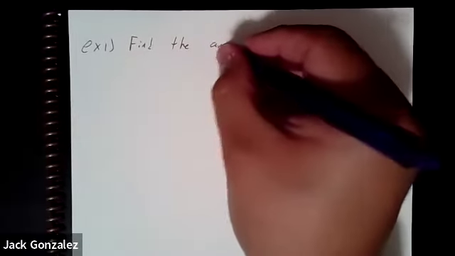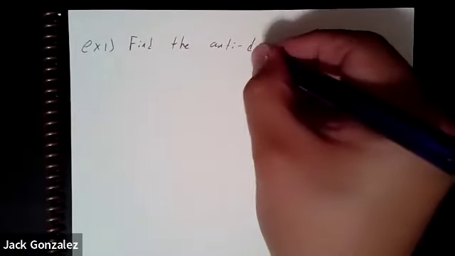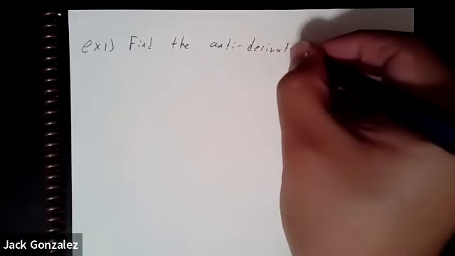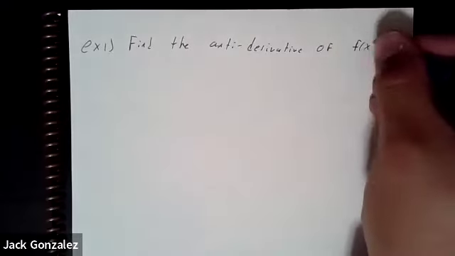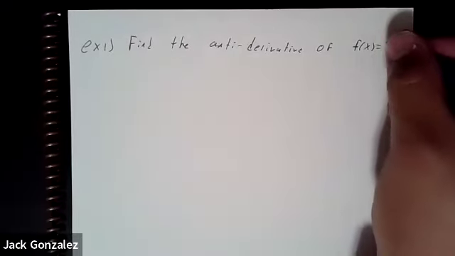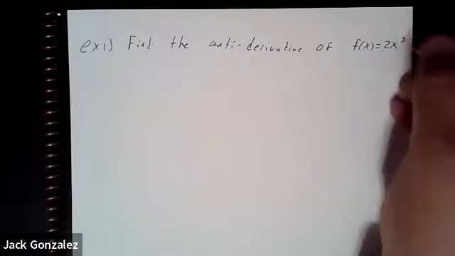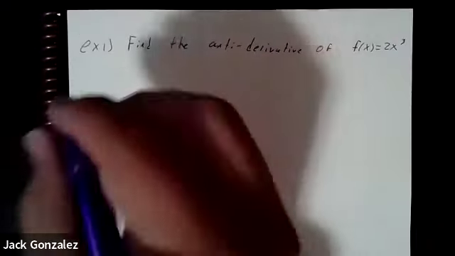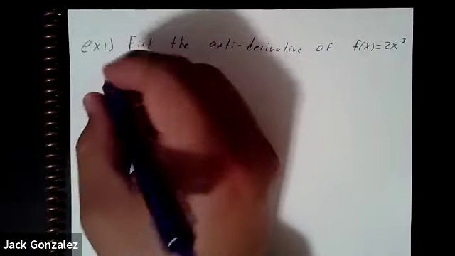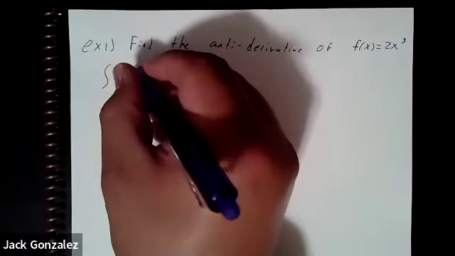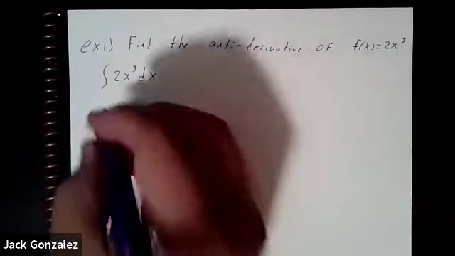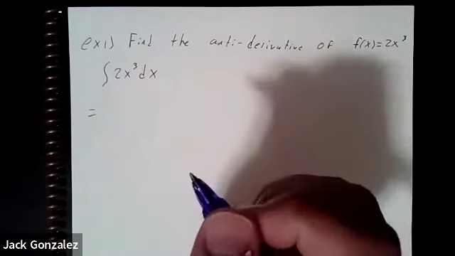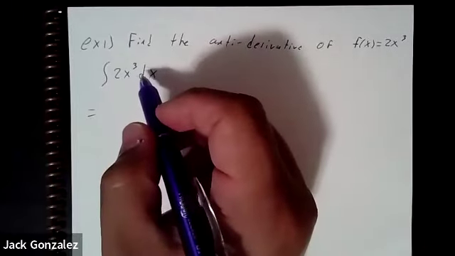Find the antiderivative of f of x equal to 2x cubed. So integral of 2x cubed dx is going to be, so let's use our property, right?